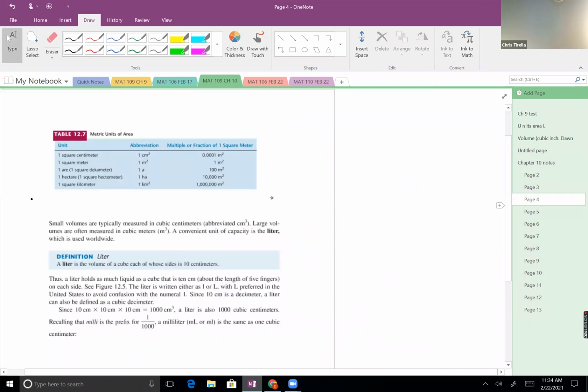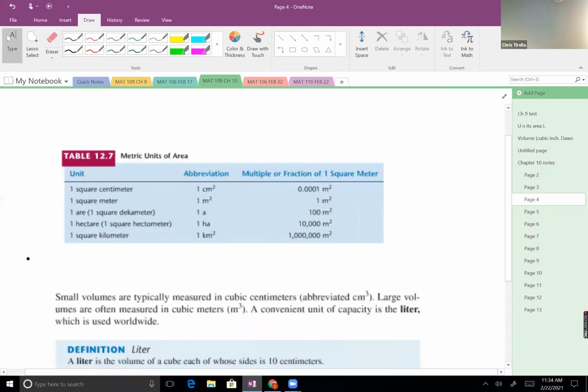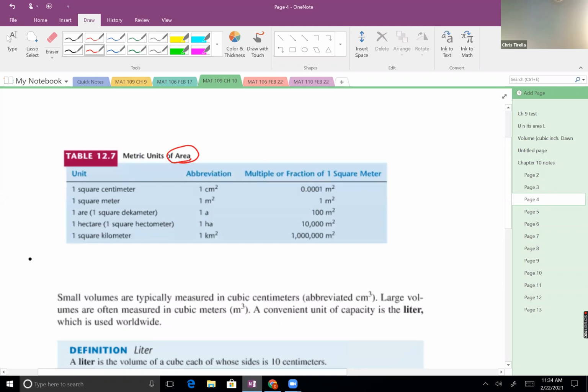And so you do have to remember, though, that when I look at area, just like with regular area, you have to square your conversion.